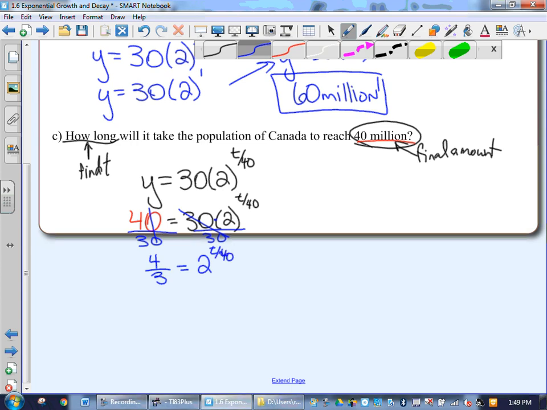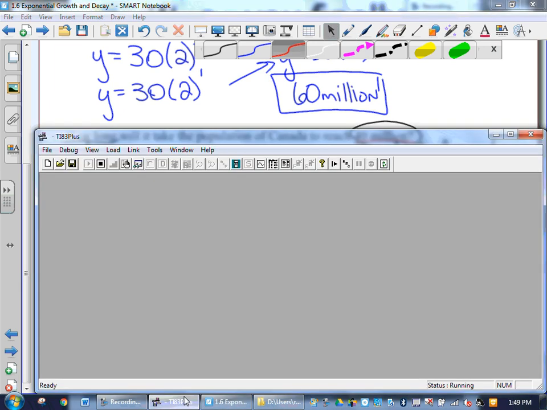Now logarithmically, I have log base 2 of 4/3 will equal my exponent. And my last step is to multiply by the 40 over. So the amount of time it will take for the population to reach 40 million will be 40 times log base 2 of 4/3. Now I don't know that value off the top of my head, so I'm going to go to my graphing calculator and evaluate it.